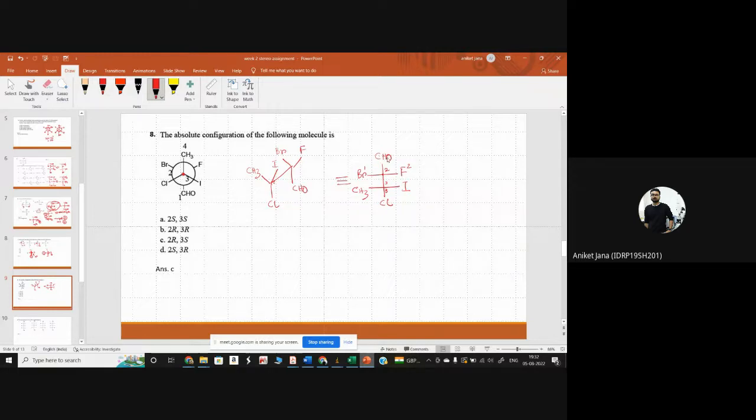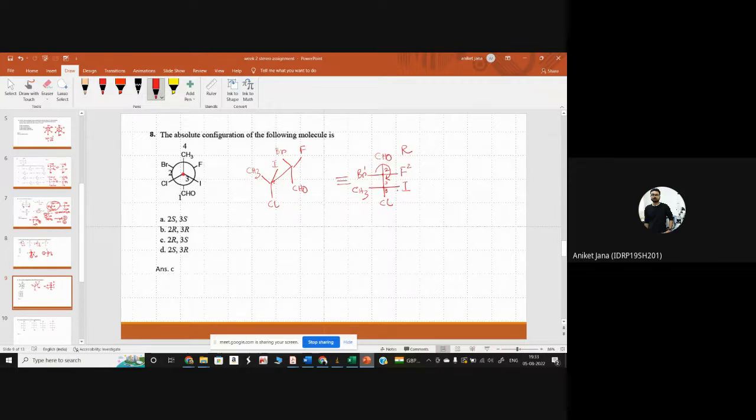Here the carbon is attached to oxygen, but in this one the carbon is attached to chlorine and iodine, two groups, so obviously this carbon will get prioritized over the CHO carbon. Okay, clear? Yes, sir. So which configuration is this? R, as the lowest priority group is in the vertical position.